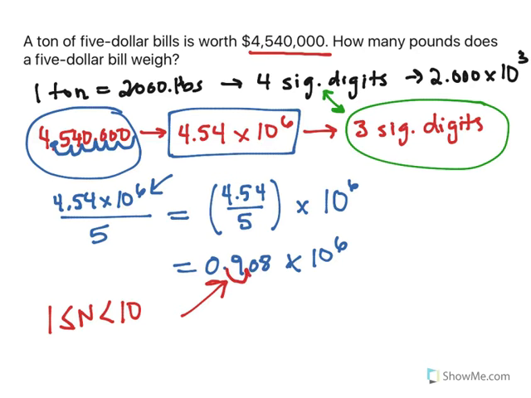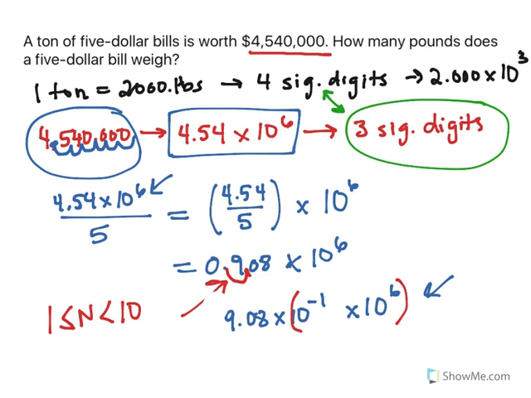So we end up with 9.08 times 10 to the negative 1 times 10 to the 6th. And we can regroup this problem now. So I'm going to go ahead and just erase these parentheses, add back my 1 that I accidentally deleted, and we're going to change our parentheses to go around our base 10s.